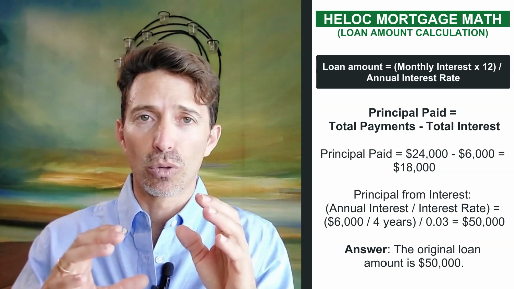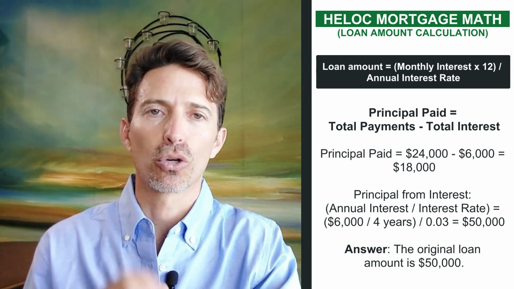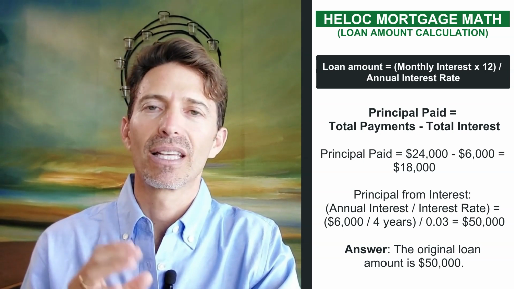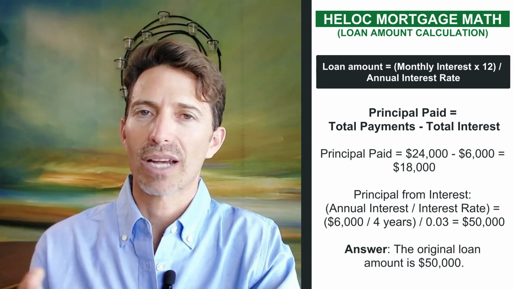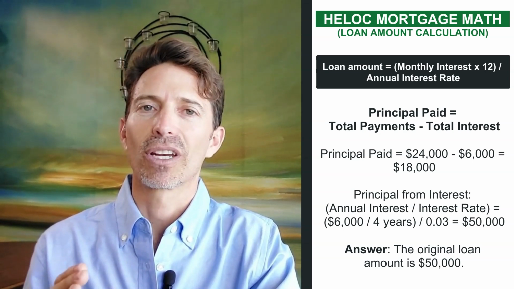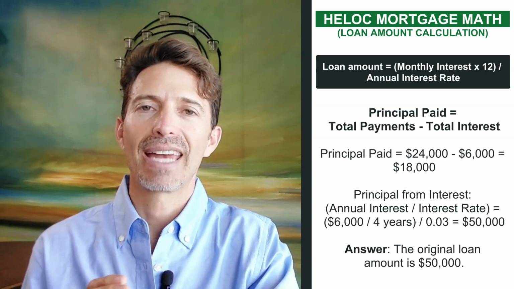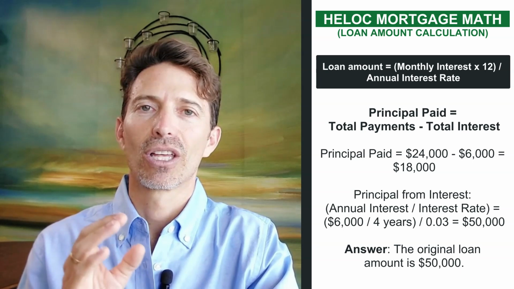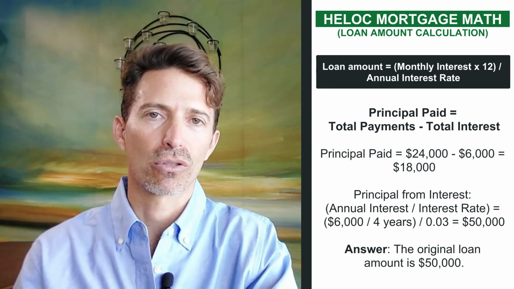Principal paid equals total payments minus the total interest. So in this case, the total payments are $24,000. We're going to subtract $6,000, and we're going to get $18,000. So that is exactly how much principal was paid over the last 4 years, okay?